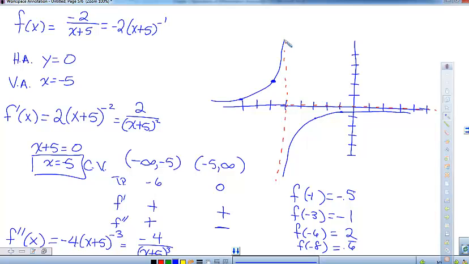One thing you do know, if the function crosses the horizontal asymptote, let's say this is my horizontal asymptote, if I go across it, eventually I've got to come back. So it's going to work itself out.